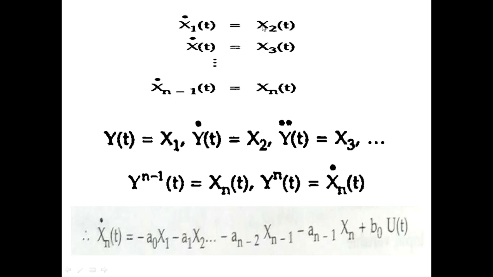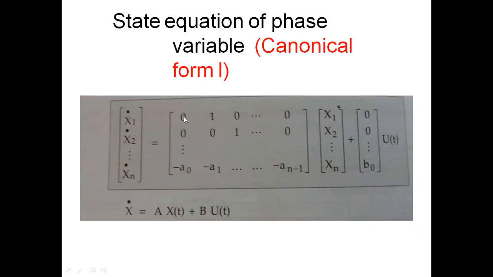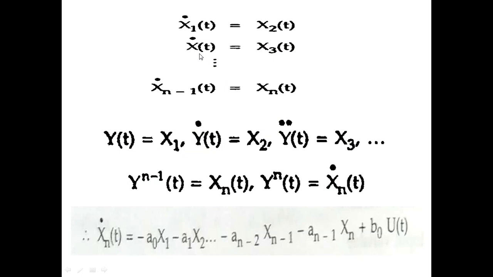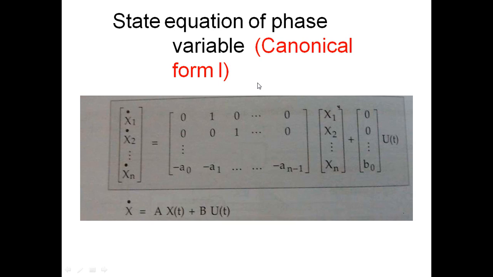We have only x2, so the coefficient of x1 is 0, the coefficient of x2 is 1, and x3 till xn are 0. Similarly, x2 dash of t is nothing but x3 of t. We don't have a coefficient of x1 or x2, but we have a coefficient of x3 as 1, and the remaining coefficients are 0, 0, 0, till xn is 0.